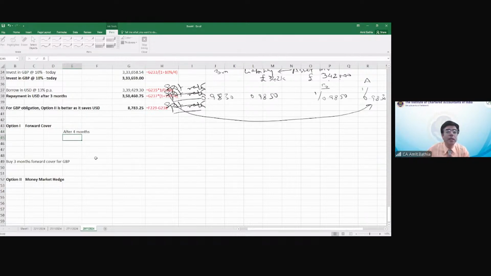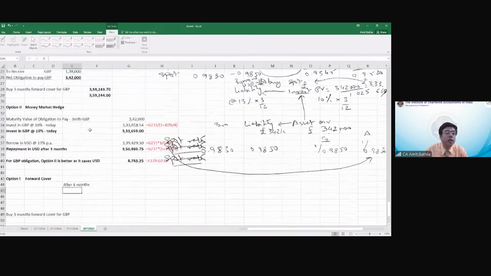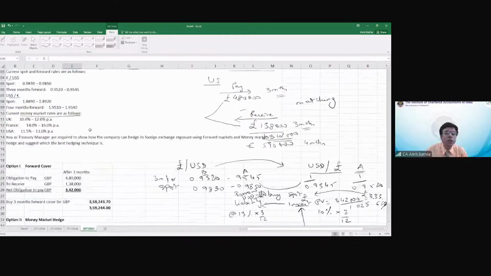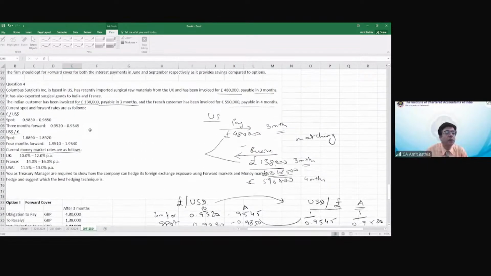Be mindful. Here the examiner has been very smart and tactful because they know that the majority of times students will focus only on the GBP part and essentially forget the euro part. So you have to have good presence of mind. I am going to be receiving, invoiced for euro 590,000 payable in 4 months.